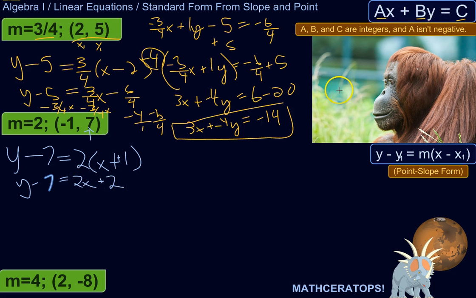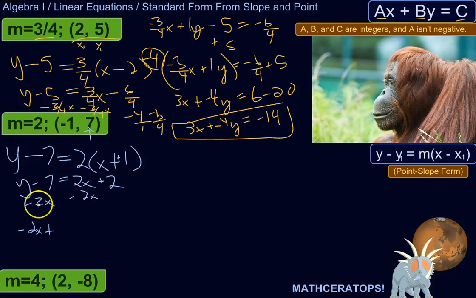Now, the x's and y's need to be on one side, so we subtract that 2x from both sides of the equation. So I've got minus 2x plus 7. Actually, I wanted to do y next.